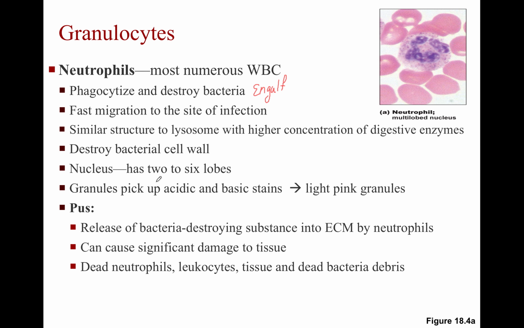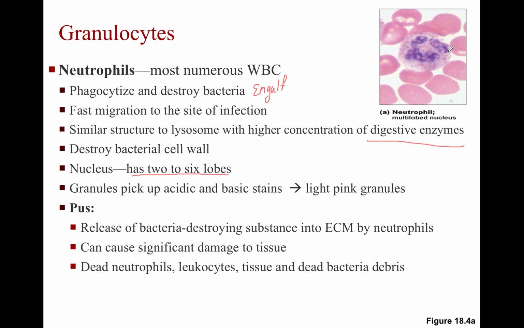Now, when you look at their structure and their ability to destroy any sort of infective agents, they carry a high concentration of digestive enzymes, which helps them with breaking down foreign materials. As far as the structure goes, their nucleus can have between 2 to 6 lobes.